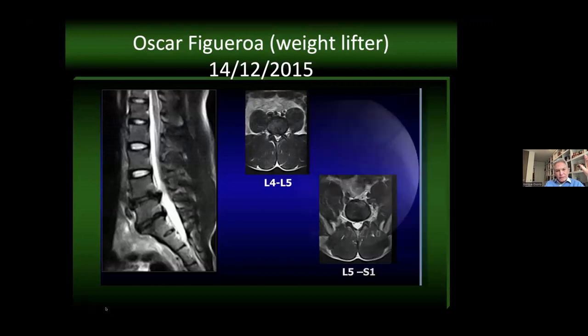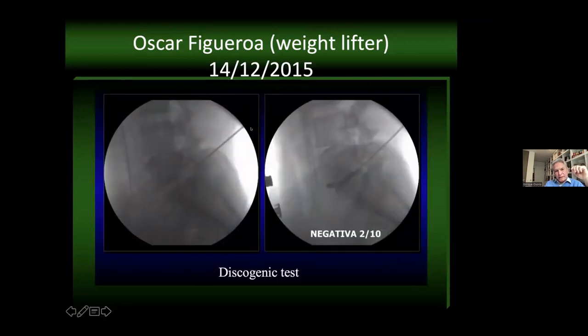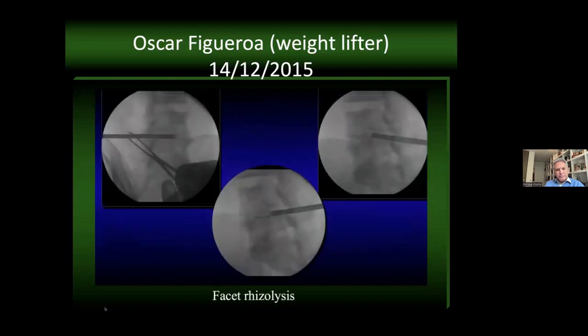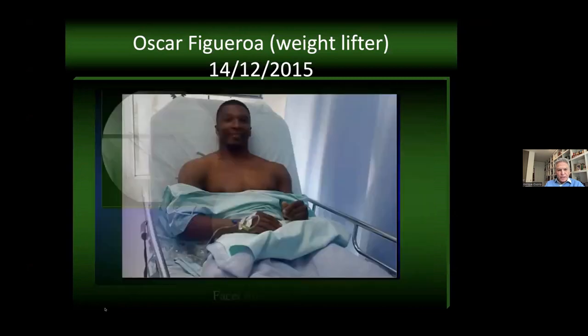In this case, we performed a discography and discogenic test that was negative in L5-S1, and for that reason, we performed the endoscopic discectomy in L4-L5 and facet rhizolysis in L4-L5 and L5-S1.